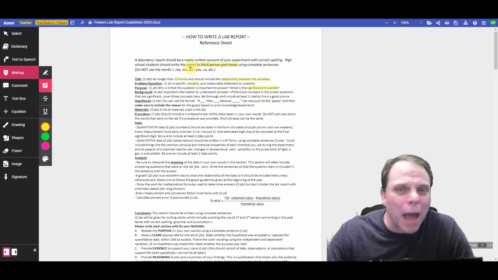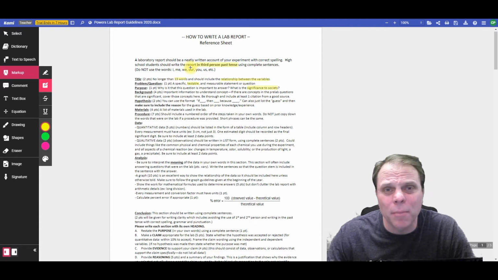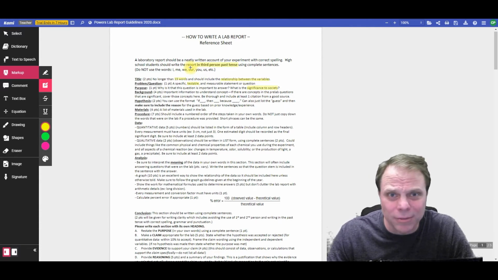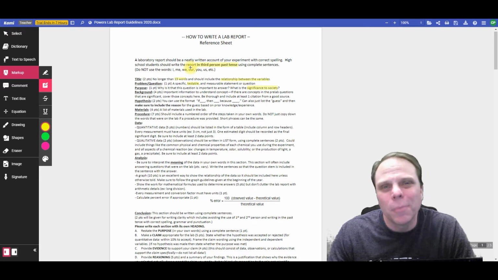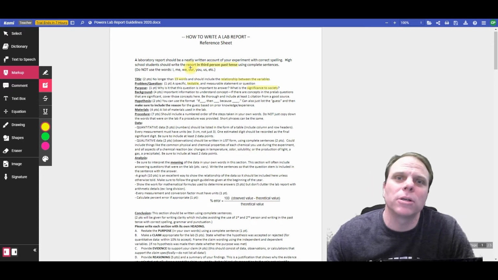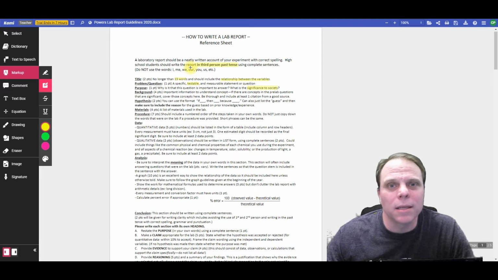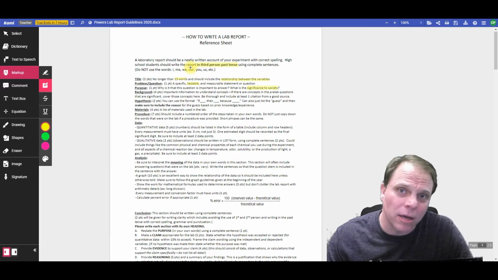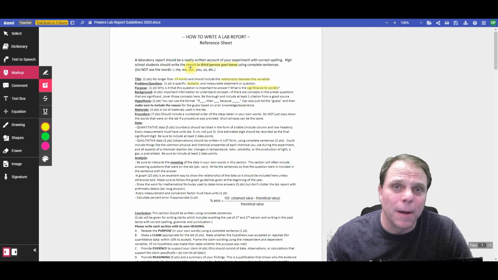There's got to be some background information that will help me understand what it is that I'm asking. Now, it might be something as simple as, what is the Fahrenheit temperature scale, right? Everybody knows that. But not necessarily. So you want to make sure you're talking about what it is that you have to come to the table with in order to understand what your question is. And those are the things that you want to talk about here in the background section.